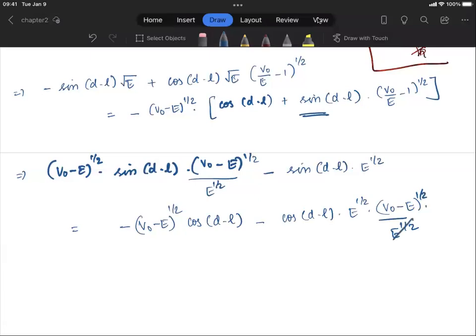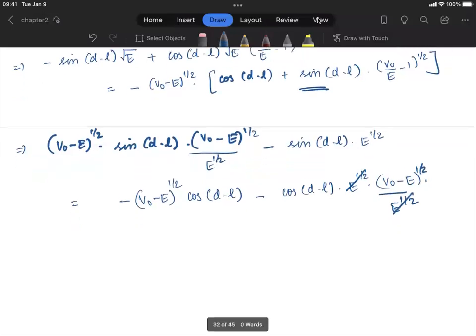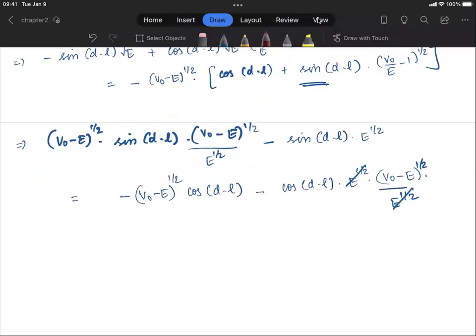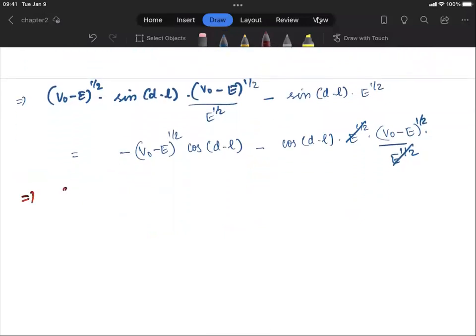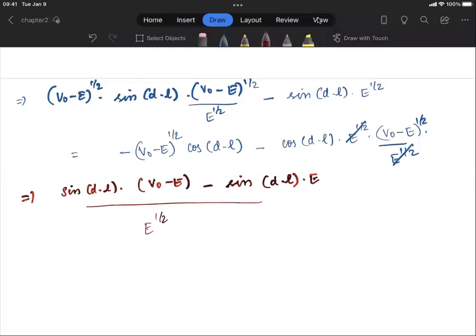So here I can basically cancel out those two E to the power half terms, and this would give me sine times V0 minus E. So I'm going to multiply this and divide this by E to the power half.